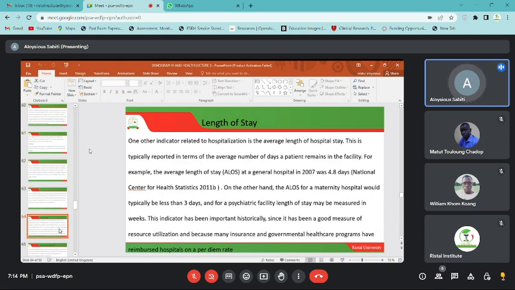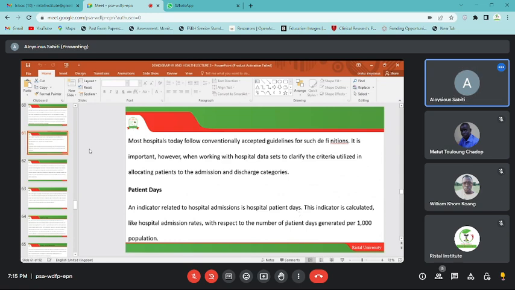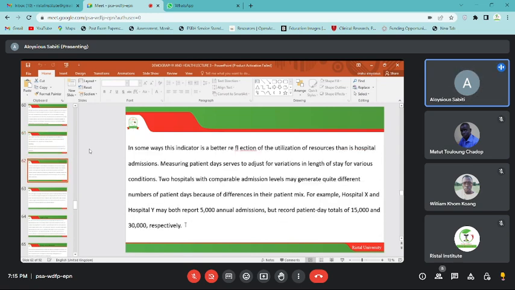But when we want to look at the length of stay, we're trying to look at the average number of days a patient spends. Let me just use this example that we had here.